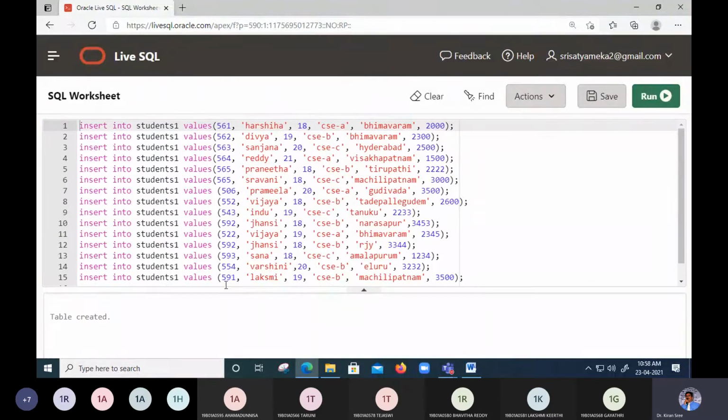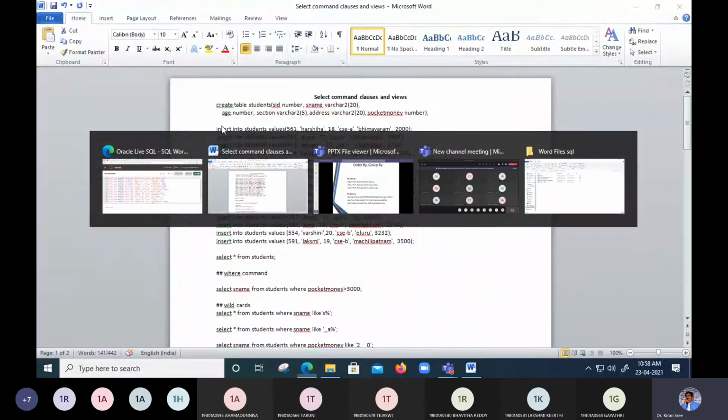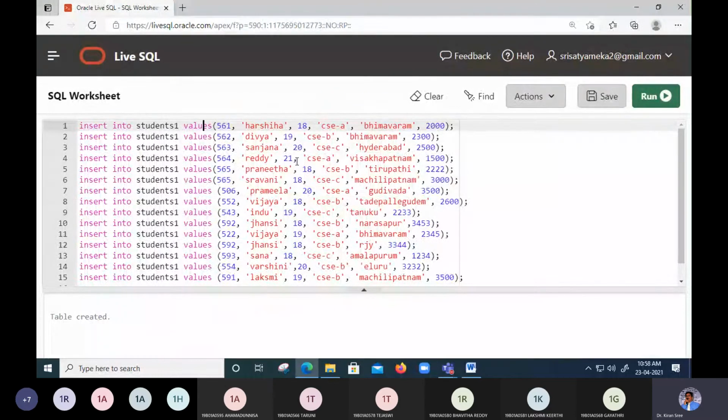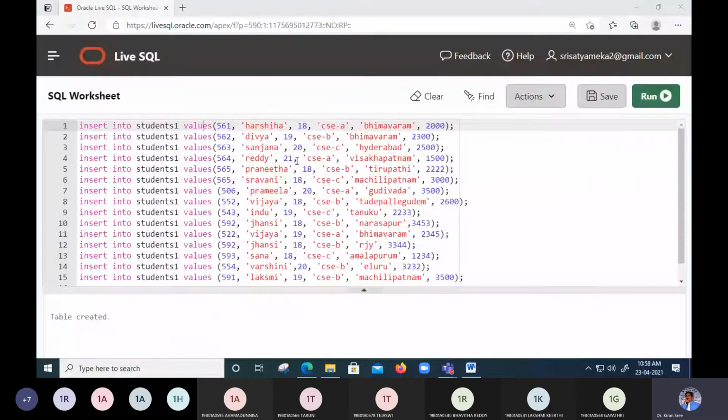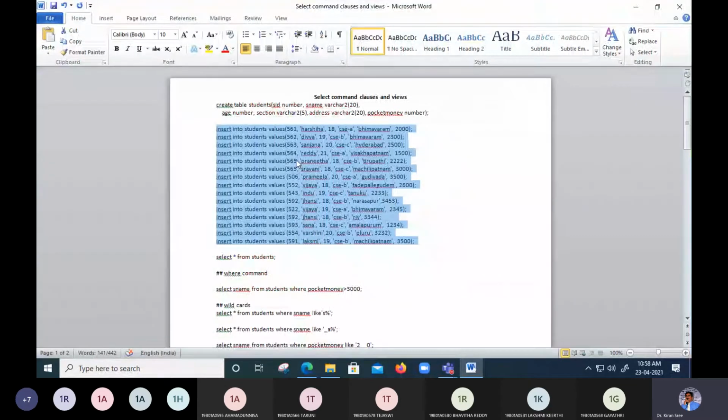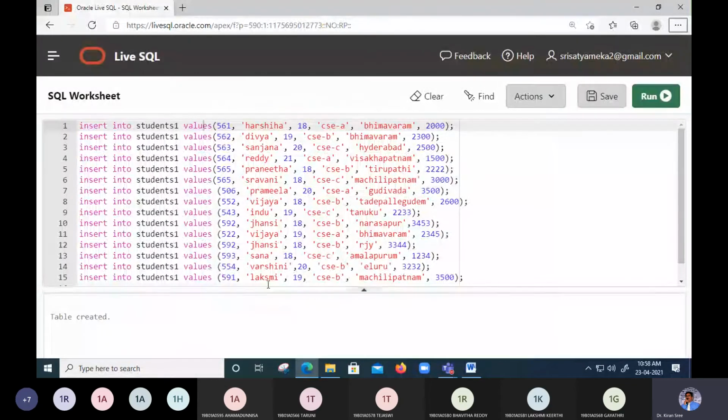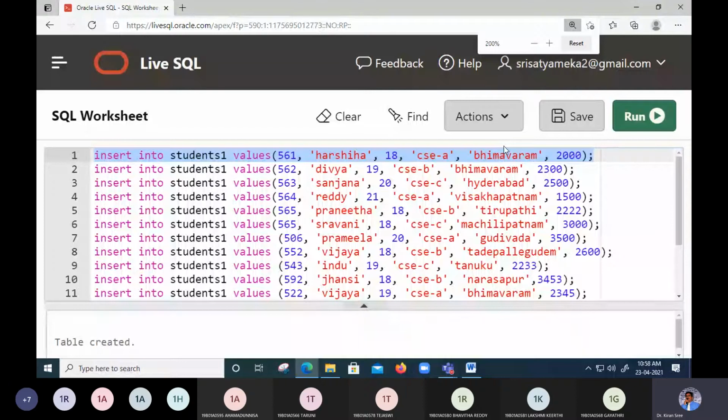Insert into student 1: the first we created as student ID, next student name, student age, student section, then the place where they live, called address, and how much money they have. I am selecting the first record and executing it. Now you can see one row was created.